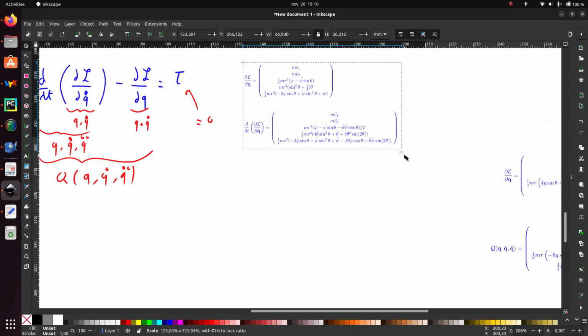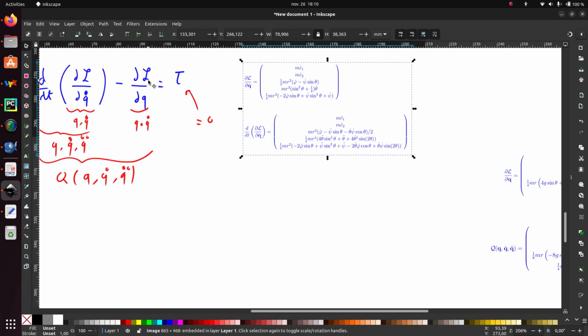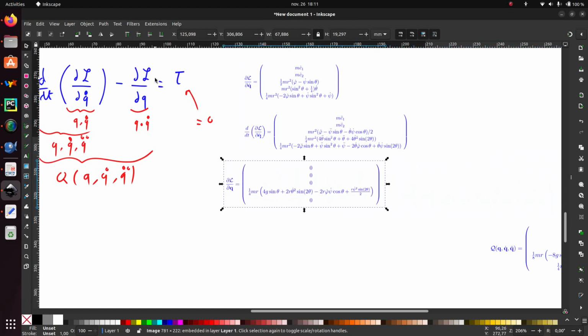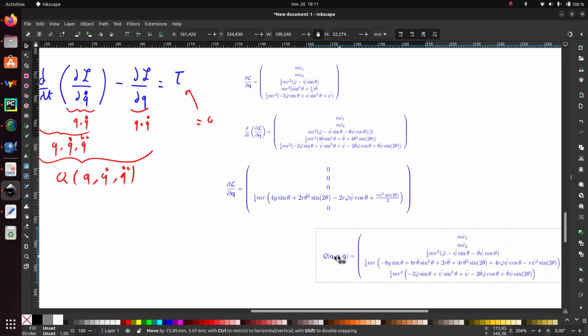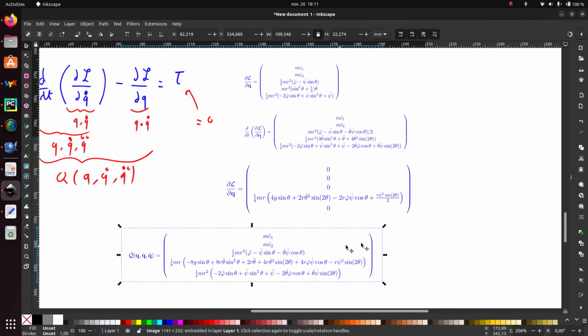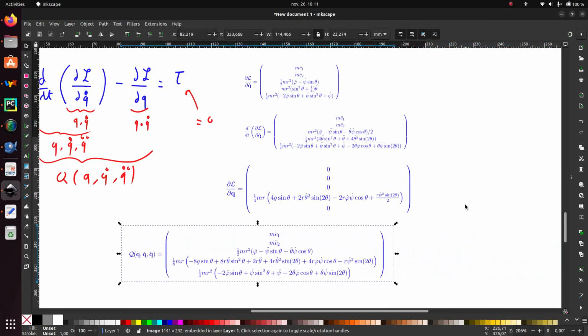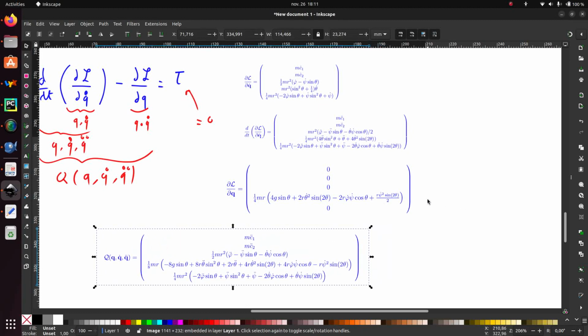We'll see that indeed the derivative of L with respect to q dot is a function of the degrees of freedom and their derivative. If I differentiate with respect to t, then phi, psi dot dot will appear. Then for this one, I will have this expression, and at the end, I obtain an expression for q dot dot given here.